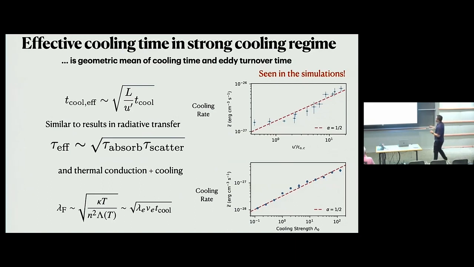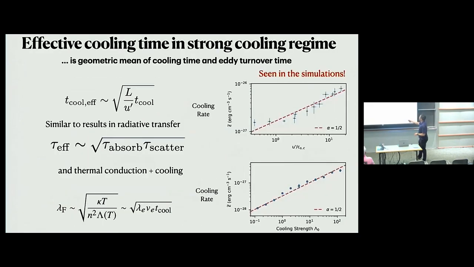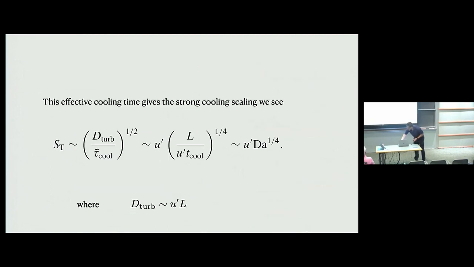So if you use this as your effective cooling rate, rather than the straight cooling rate for a uniform medium, then you can understand this square root quarter scaling. Because now you have this new cooling rate, and your turbulent diffusion coefficient is still the same, and so you get this 1/4 square root scaling.